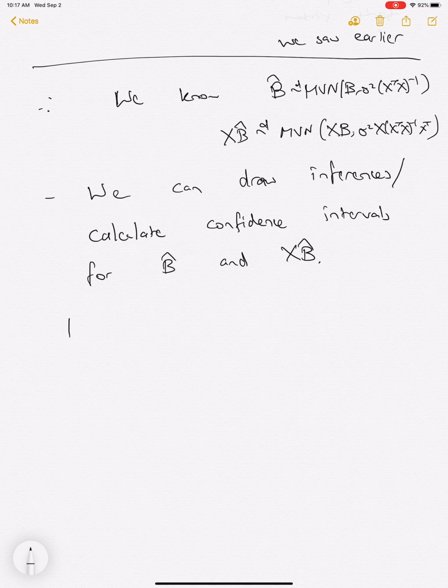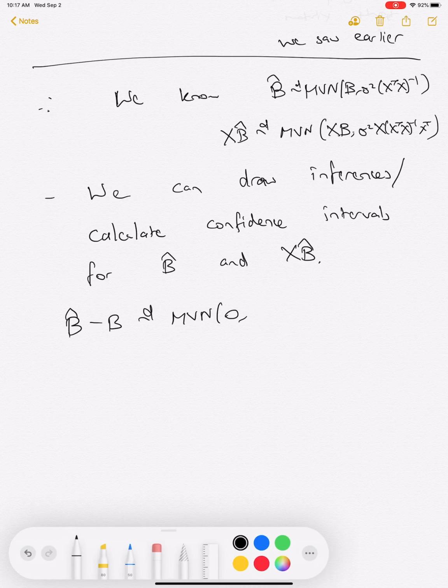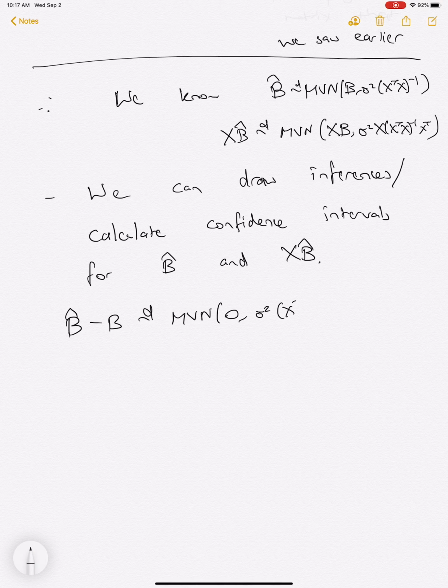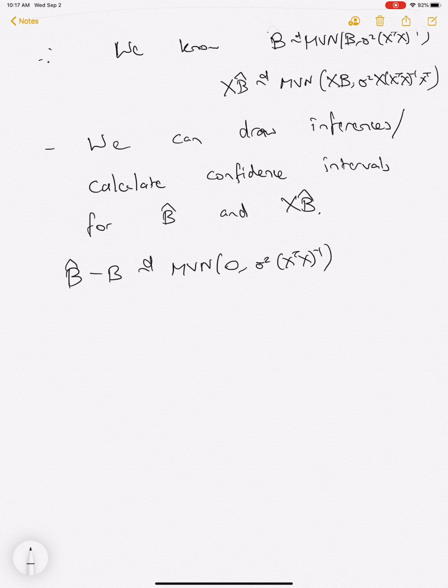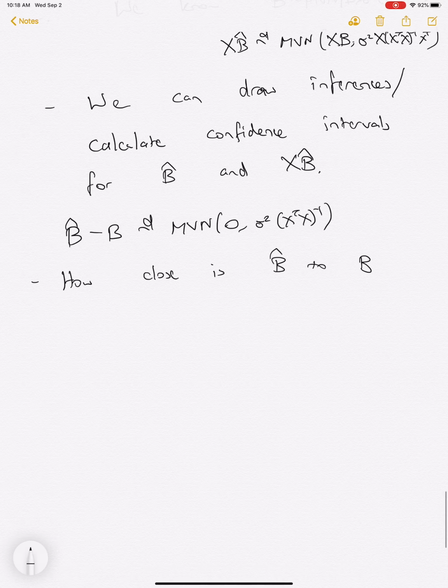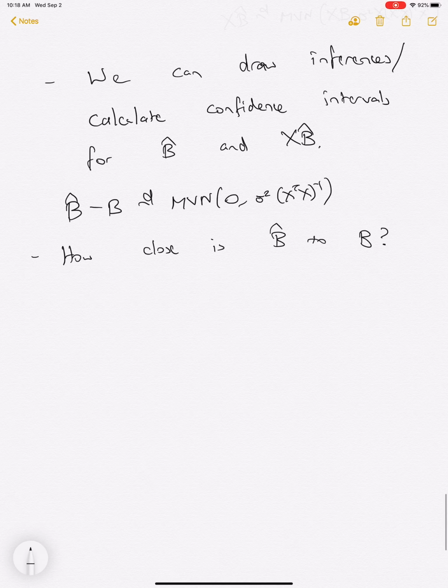So we know that b hat minus b is multivariate normal with mean 0 and covariance, and then so if we want to say how close is b hat to b, which is what we're trying to do in the analysis or the inference stage.